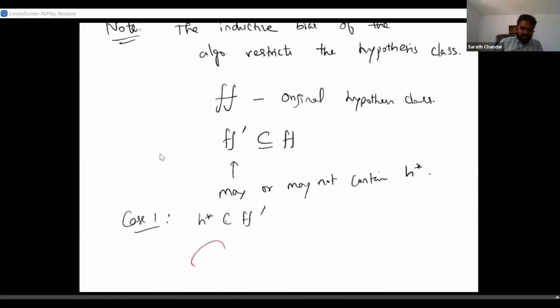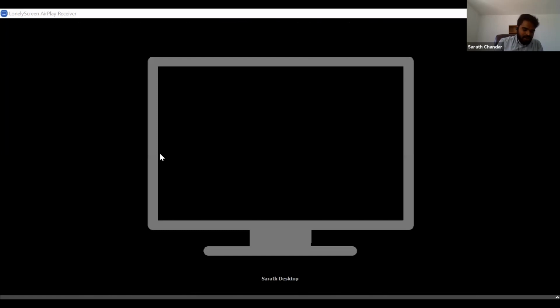So in this case, if this is my hypothesis space, H hat and H star could be both inside. But case two is where, like the example that I gave, let's say H star is non-linear, but I have H hat, which is linear.